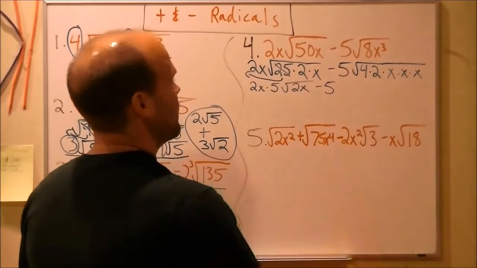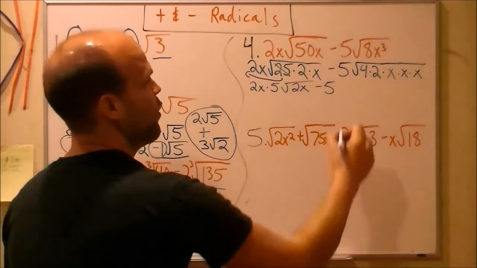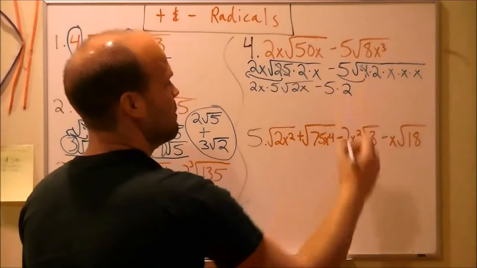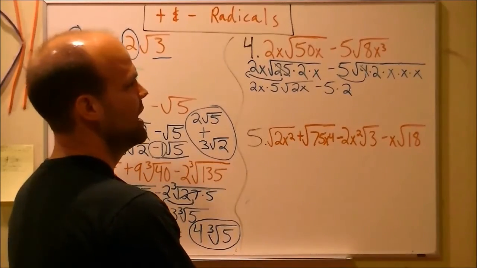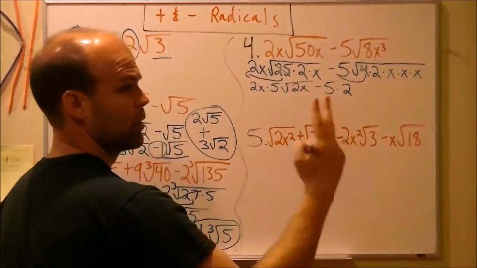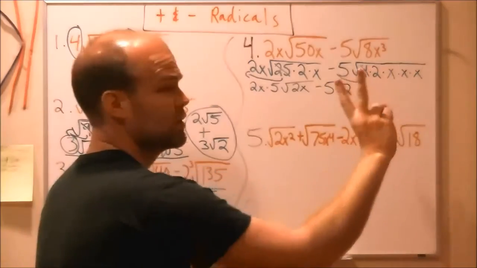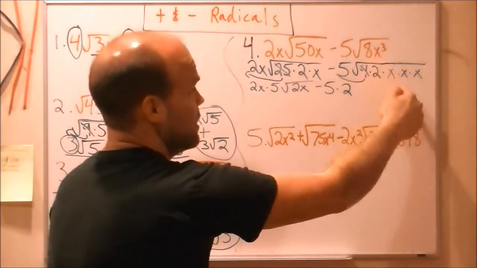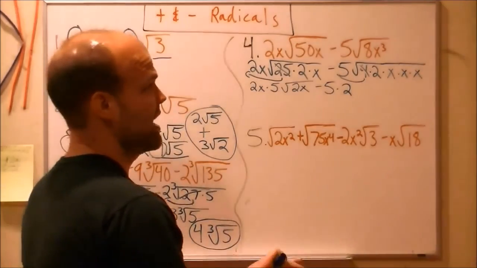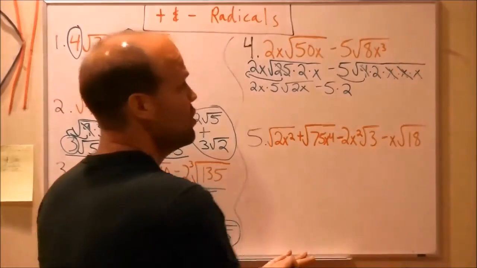Minus 5, okay, but can I move anything to the outside? Yes. What's the square root of 4? Square root of 4 is 2. So I'm going to multiply that negative 5 times 2. Now, remember, whenever you have a square root, or a root to the second power is being taken, every time you get to a count of 2 of the same term, you can cross the 2 out and move 1 to the outside. I have 1, 2 x's.